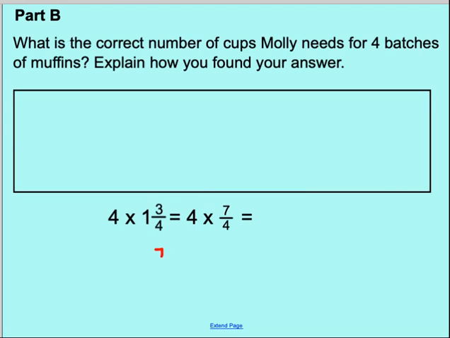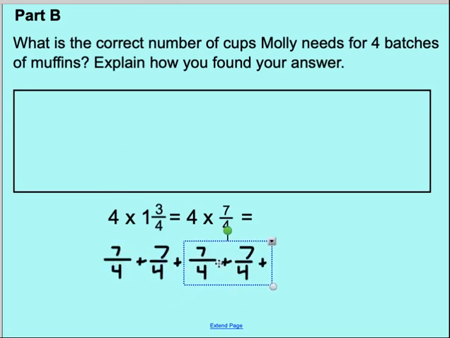So 7/4 plus another 7/4 plus another 7/4. Okay, let me copy paste so we don't have to sit through and watch it all. Okay, that's the same as 4 groups of 7/4, right? So 7, 14, 21, 28. So I know it's going to be 28/4.